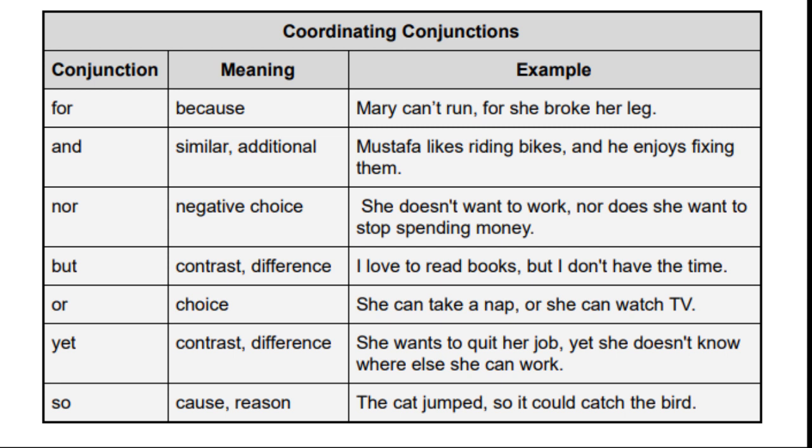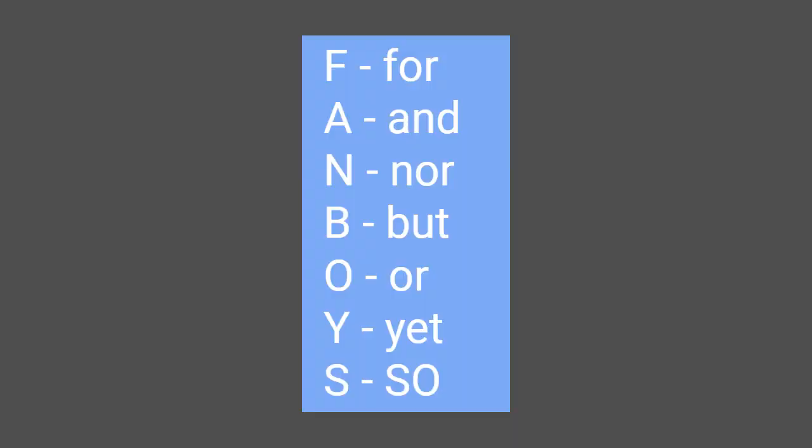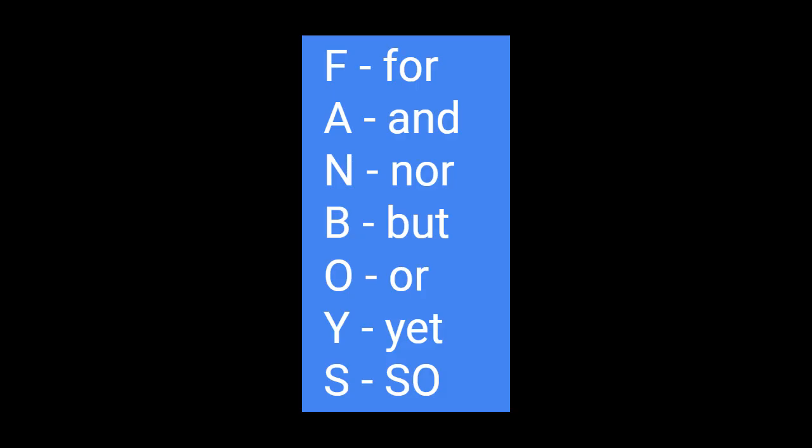The cat jumped, so it could catch the bird. Now, an easy way to remember all these coordinating conjunctions is with the acronym FANBOYS. F stands for, A and, N nor, B but, O or, Y yet, and S so.